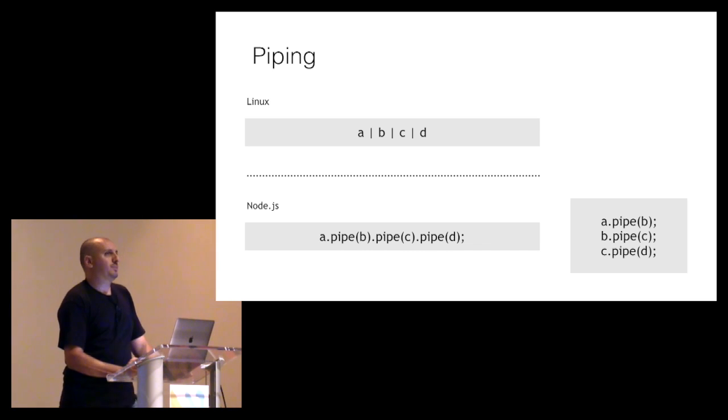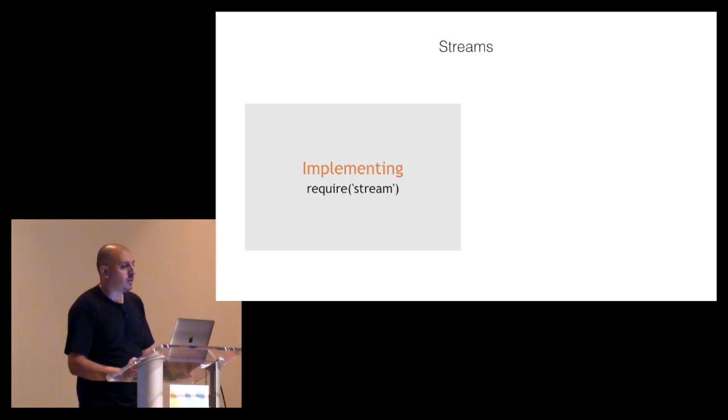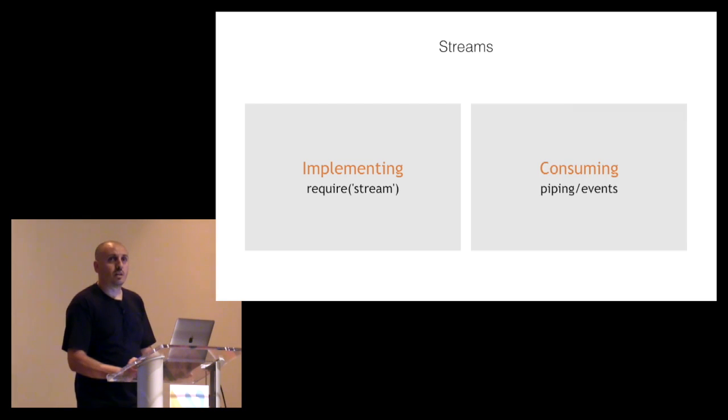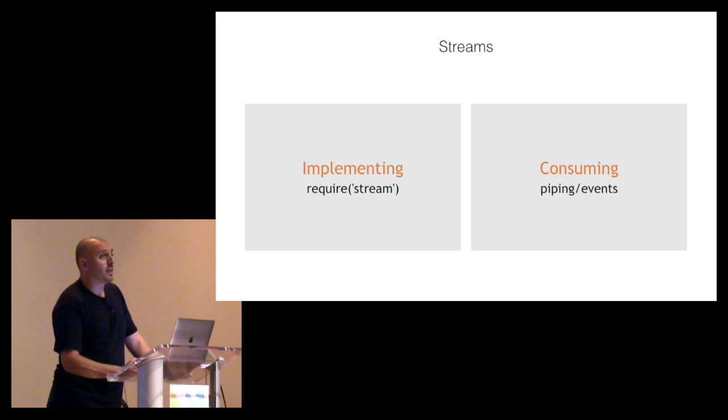All right. When we talk about streams, we actually talk about two very different things. We can be talking about implementing streams, but we can also be talking about consuming streams. And those are totally different. If you're implementing streams, you require the built-in stream library. That's when you need to require it, when you implement a stream.